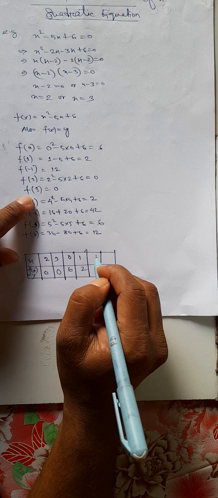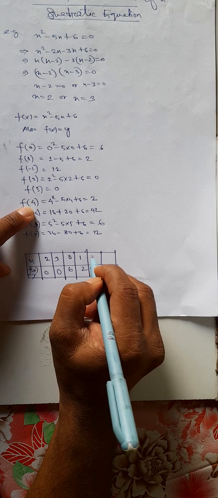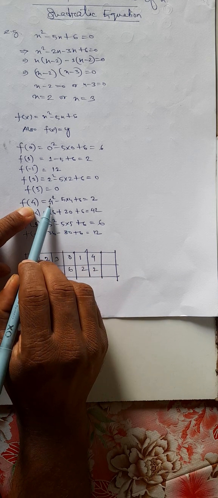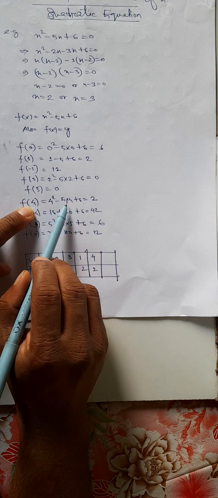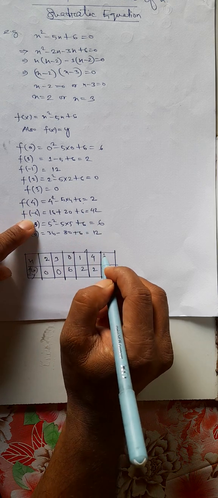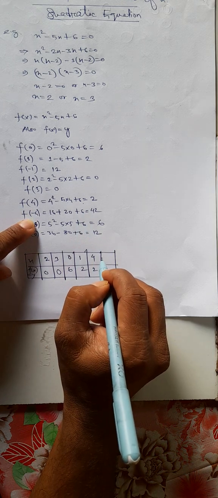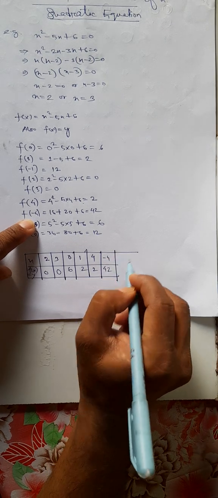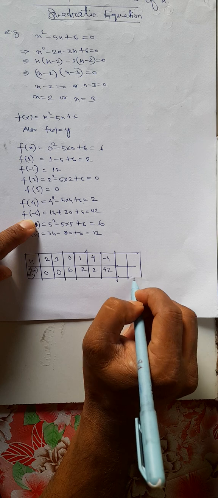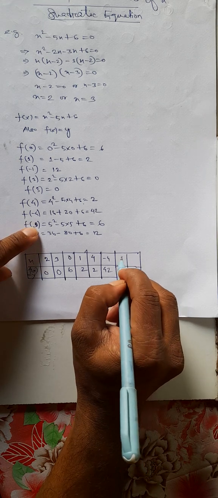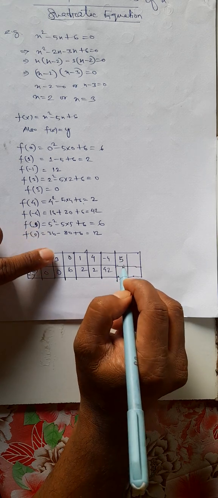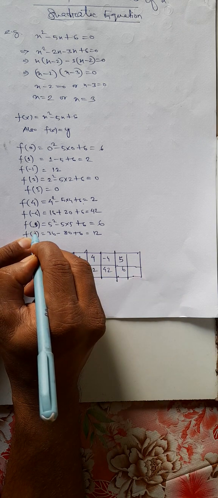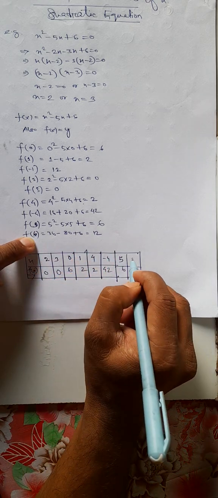When x equal to 4, f(x) equal to 2. When x is minus 4, then it is 42. When it is 5, it is 6. When it is 6, then it is 12.